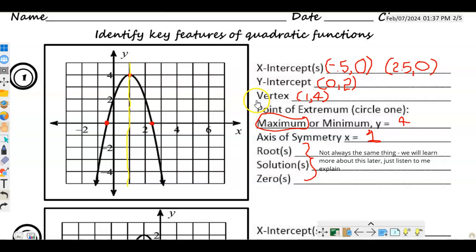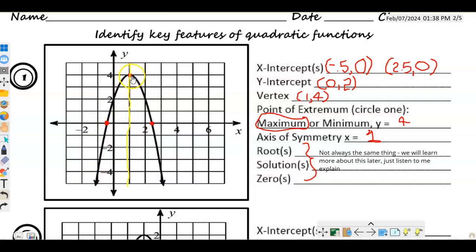Next important point I want you to take note of. I want you to take note of the vertex. The vertex of a parabola is the turning point of the graph. It's a place where the graph changes. In this case, this part of the graph is increasing; as x is getting bigger, so is y.